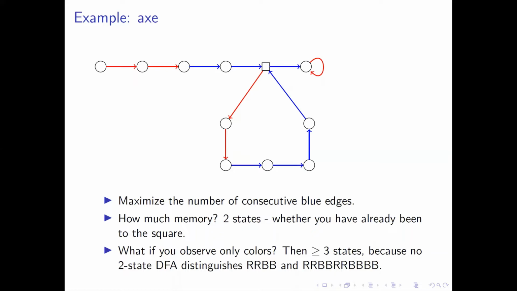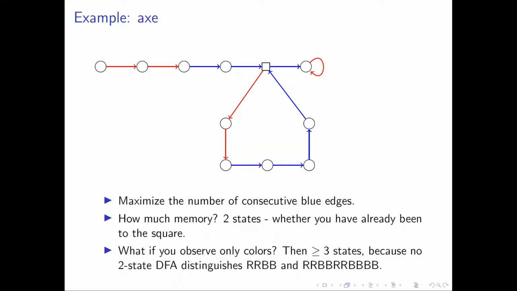And in this particular case, how can we do this? We just need 2 states, whether or not we have already been to the square node, and the initial state is, of course, that we haven't. The input alphabet of this finite automaton is the set of edges of our graph.